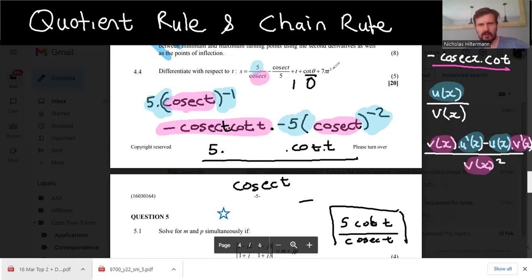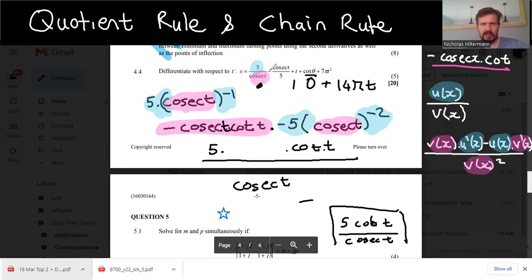So all you do is the power rule for this one. 2 times 7 is 14 pi. That's just a number, t, and then take 1 off the 2, and you get 1. Okay, so the answer to this is 5 cot t over cosec t minus 1 over 5.